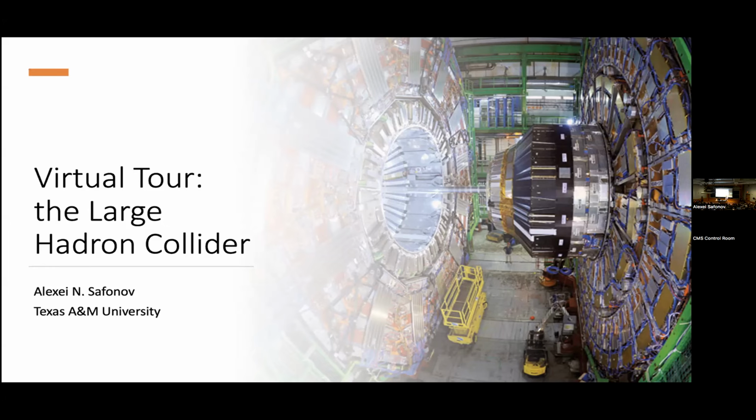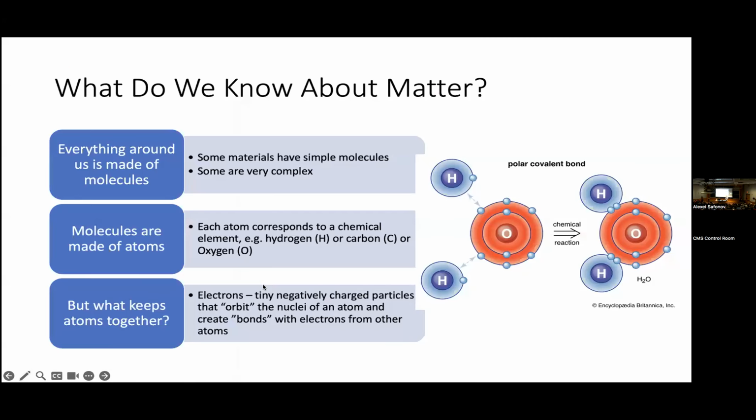So the subject of particle physics, and that's what we call ourselves. We call ourselves particle physicists. It starts with what do we know about matter surrounding us? What is everything built of around us? What is the universe built of? And we actually know quite a bit, right? We know that everything around us is built of molecules. Molecules, in turn, are made of atoms.